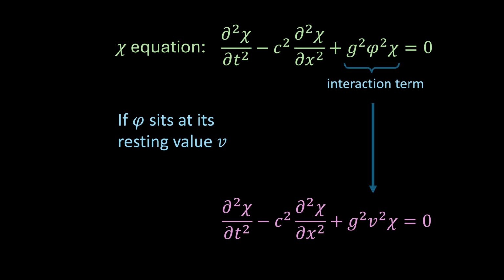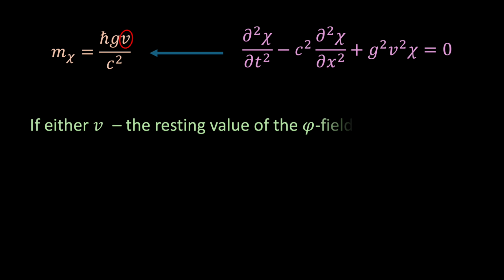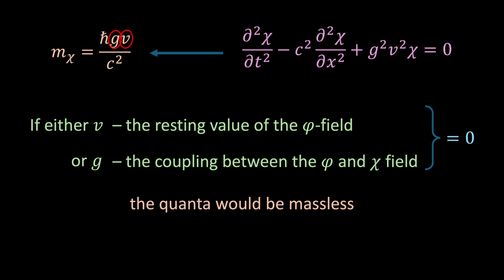The equation now has exactly the same form as the modified wave equation we looked at earlier, and upon quantizing the field, we identify the mass of the chi quanta as h bar gv divided by c squared, following the same steps as before. And we can see clearly from the mass equation that if either v, the resting value of the phi field, or g, the coupling between the phi and chi field, were 0, then the quanta would be massless.